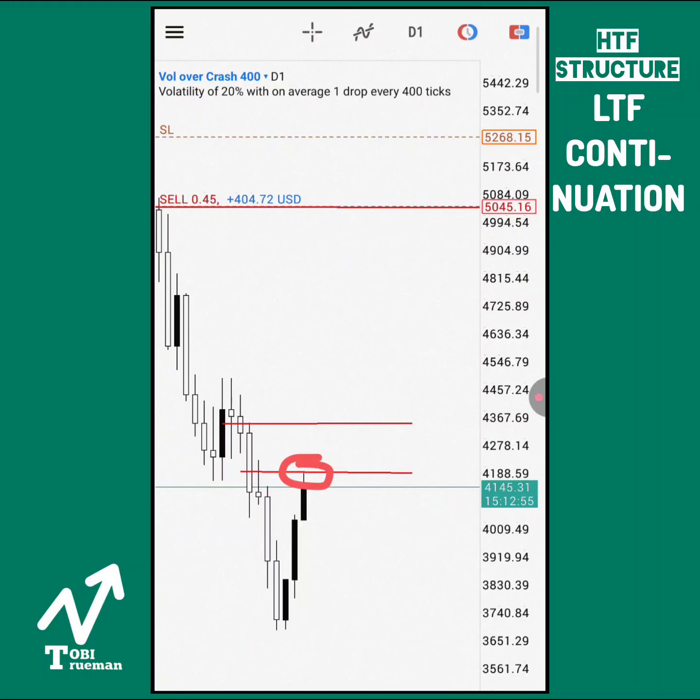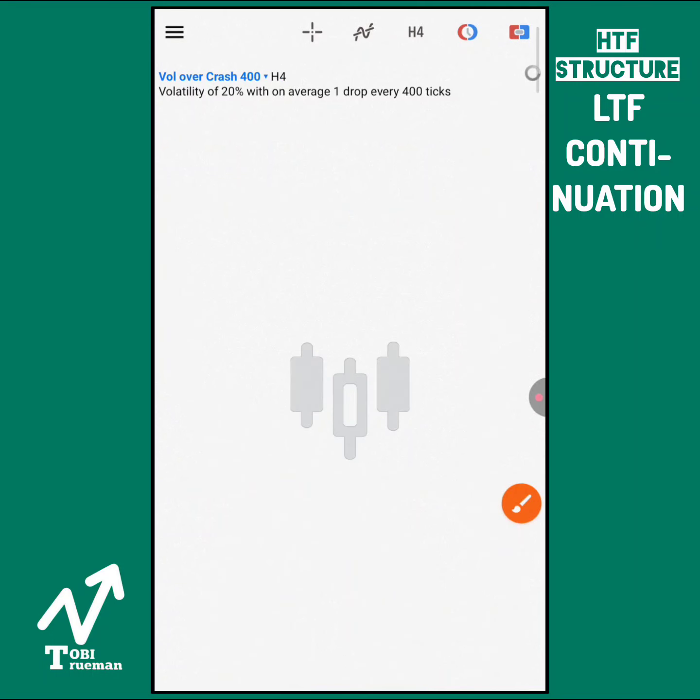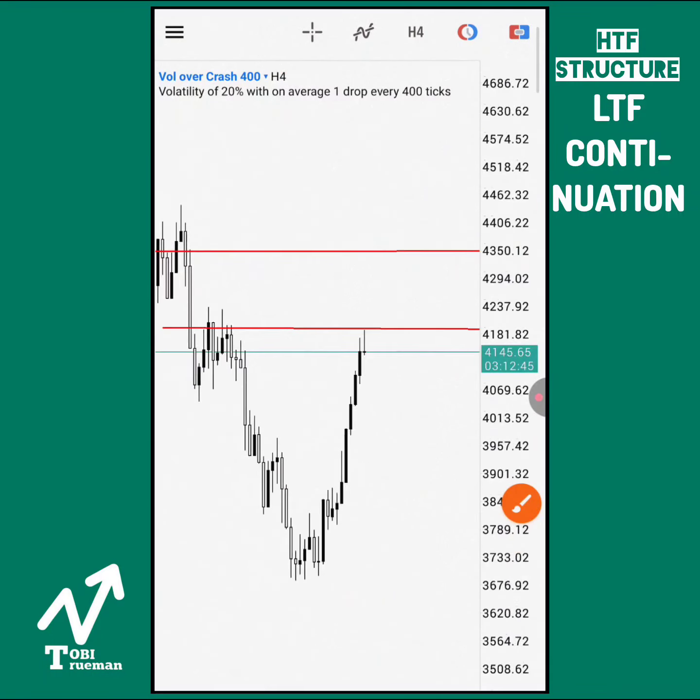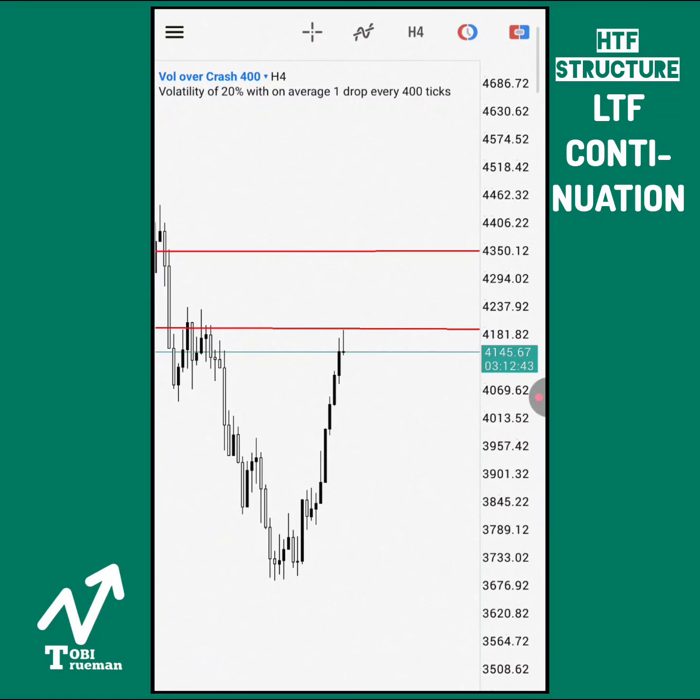Or price to get to the 0.7 on the daily, then we'll go to the 4-hour. Okay, let's go to the 4-hour now. You can see price is still coming. So when price gets to 0.6, if we see our entry candlestick formation, we can enter this trade to sell from the weekly, from the daily, from the 4-hour, and take our entry there.